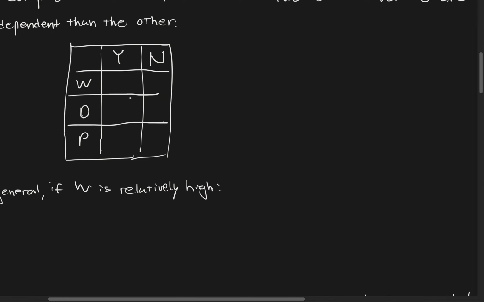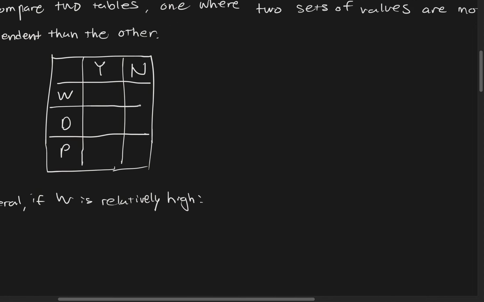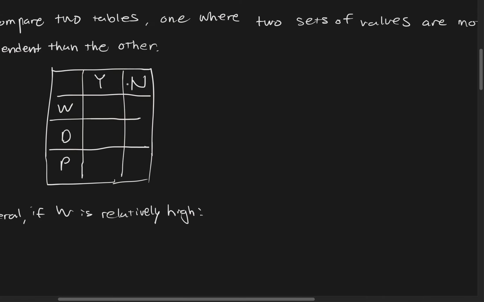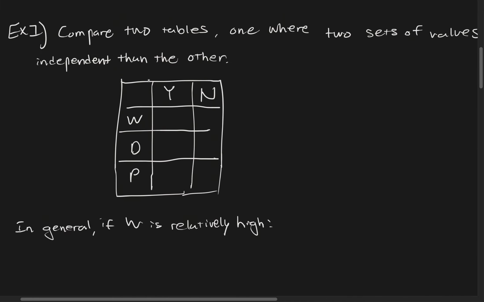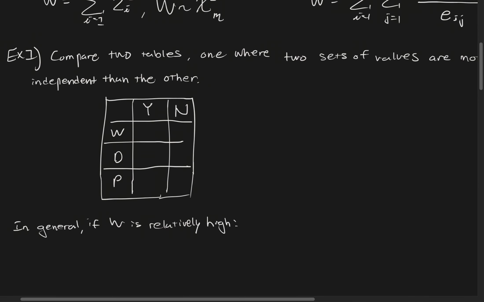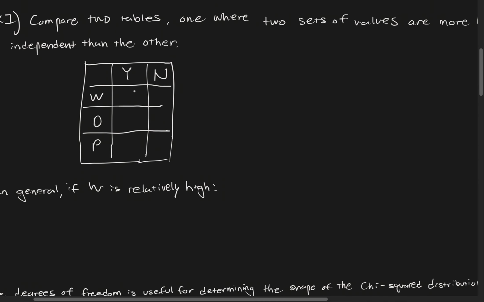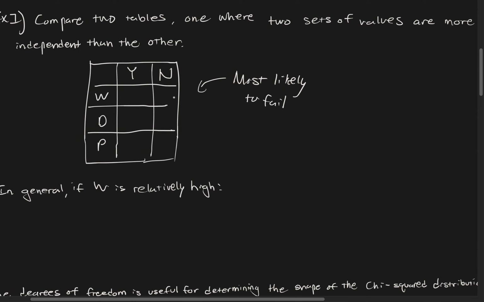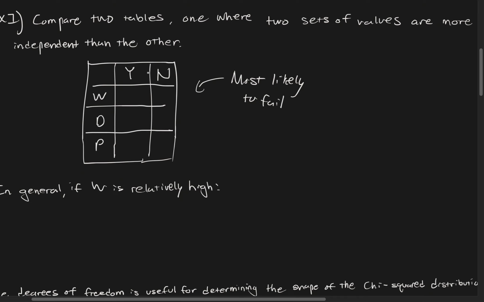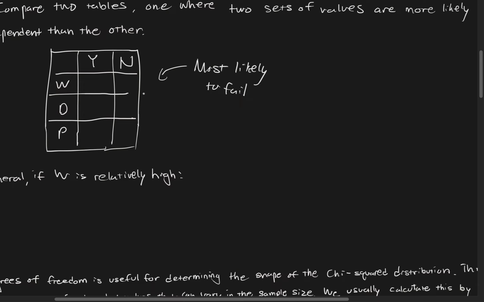There's no point of inputting arbitrary values here, but the whole point is that these two data sets in relation to each other are most likely not independent. So if we test using the chi-square distribution on these two sets of values, they're most likely to fail, because we're testing for independence, and from our intuition, these two variables are not independent.